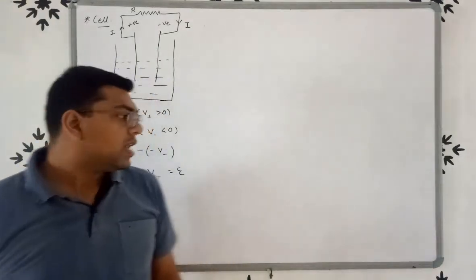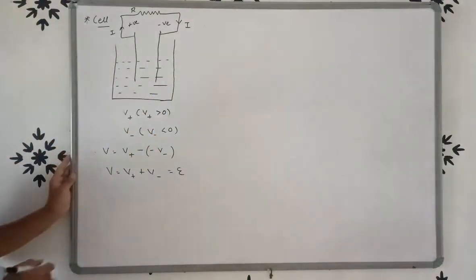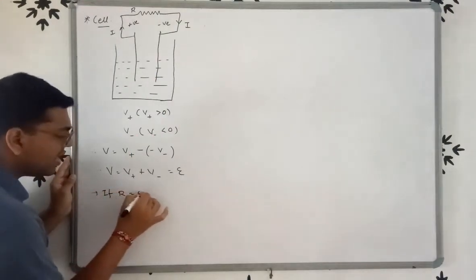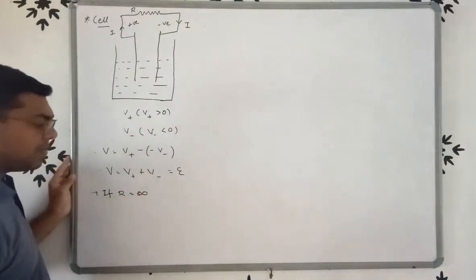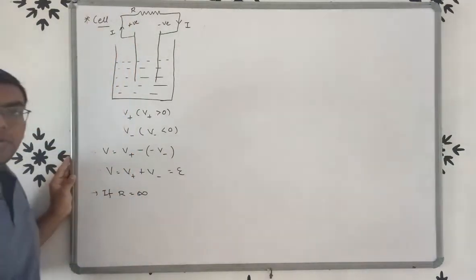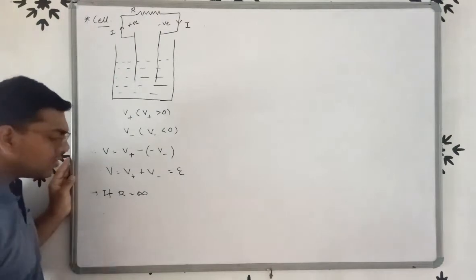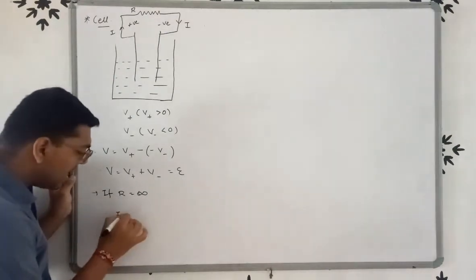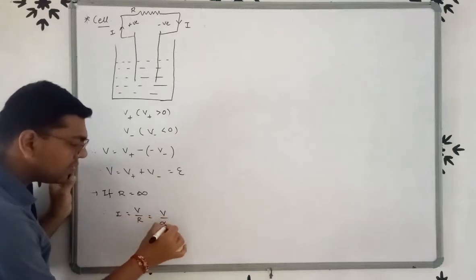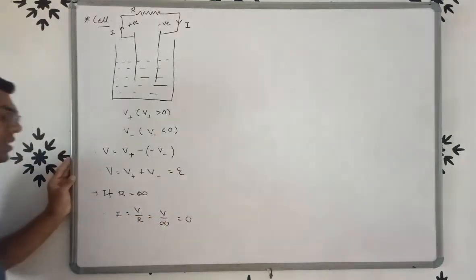Now if this resistance is infinite, then what happens? If resistance is infinite and we have to find the current, we use the equation of Ohm's law, I equals V by R, but R is infinite, so V by infinite is 0.